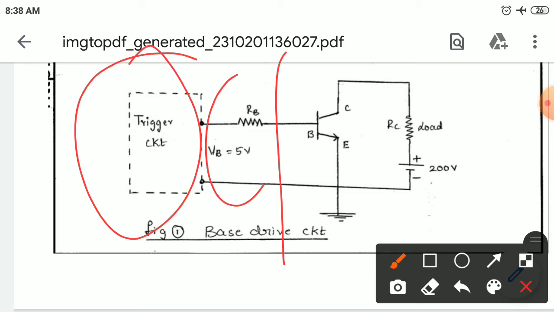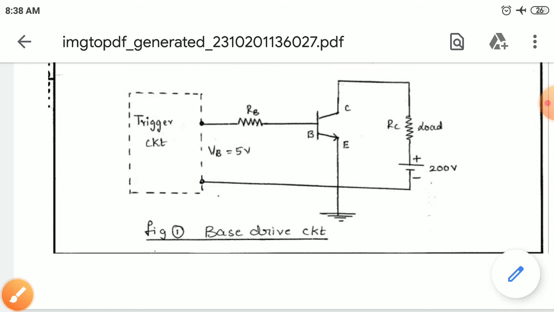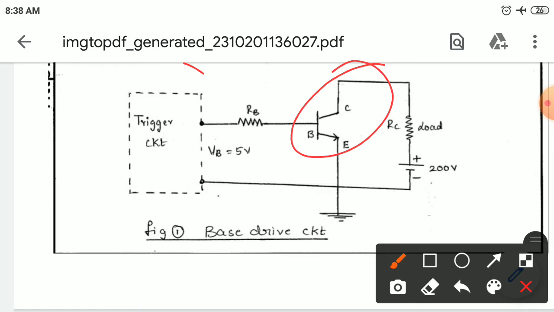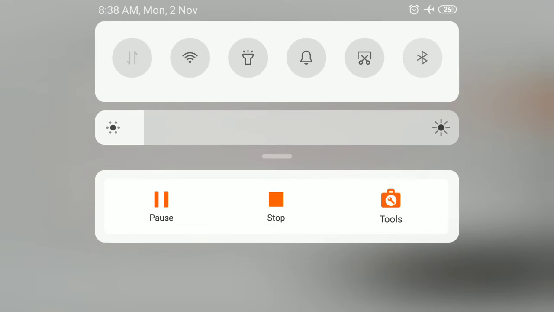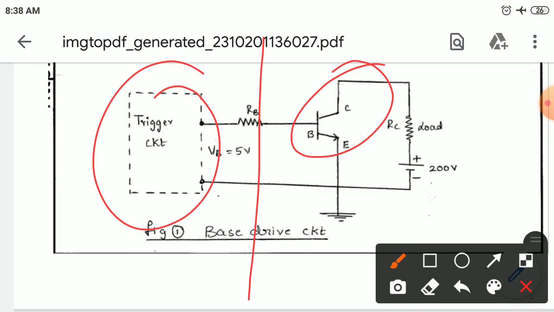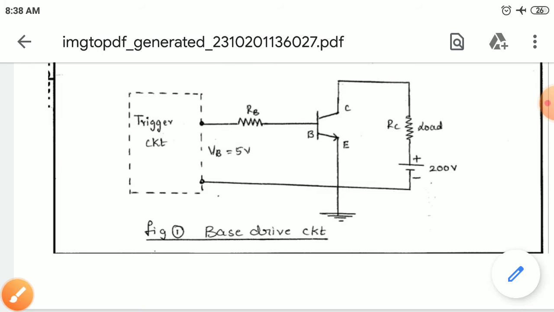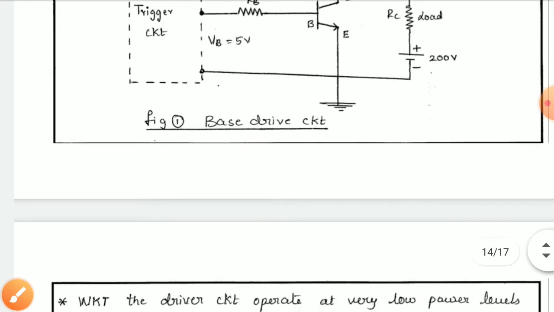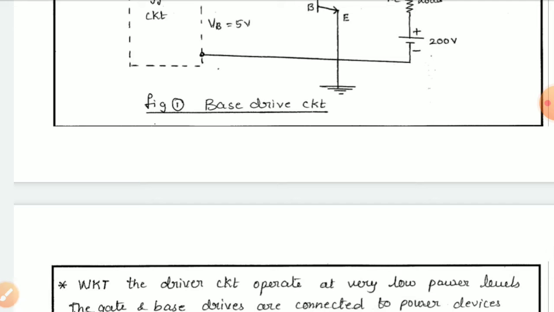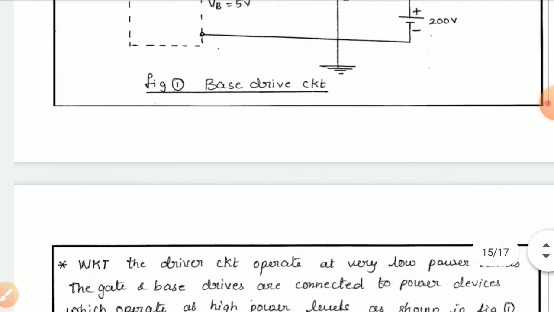If there is a separation and a fault current comes, your BJT will be isolated and it will protect the other part of the circuit.